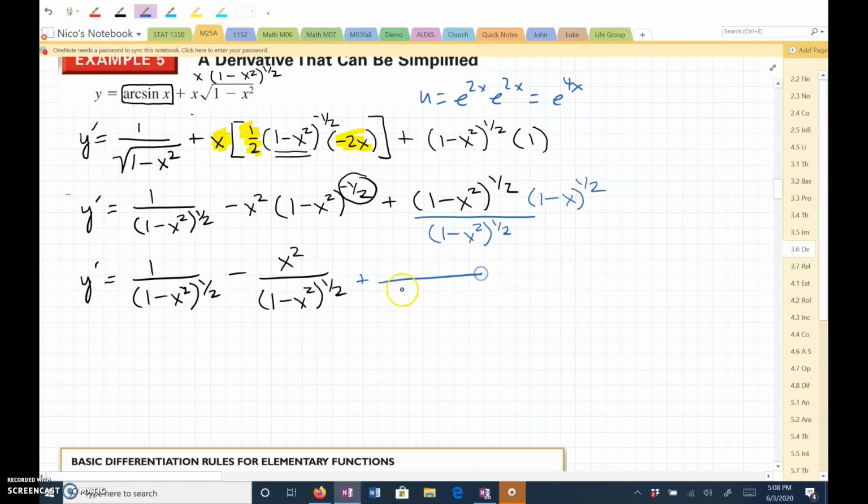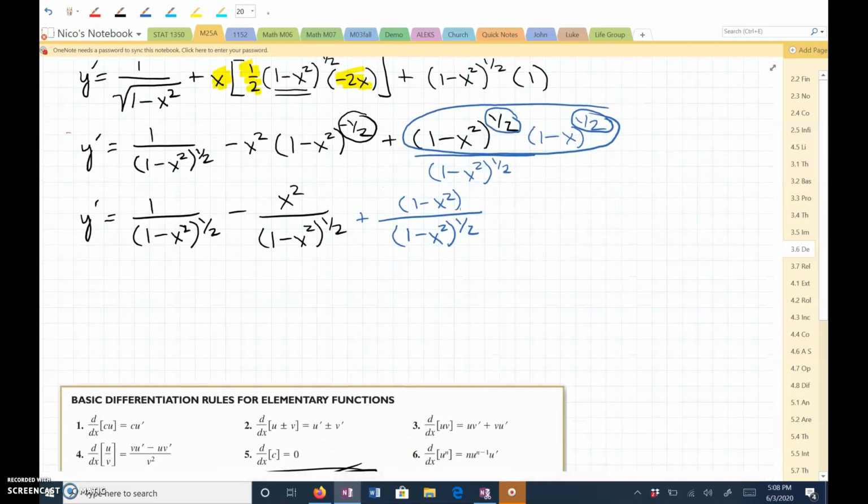So we know the denominator is going to be 1 minus x squared to the 1/2 power. When I multiply these together, they're like bases, so we're going to add the exponents. That would be the first power, so 1 minus x squared to the first power, which you don't need to write. Now I can combine like terms.